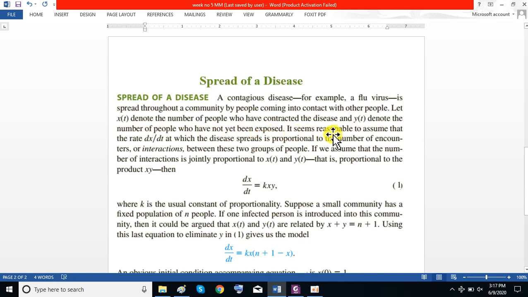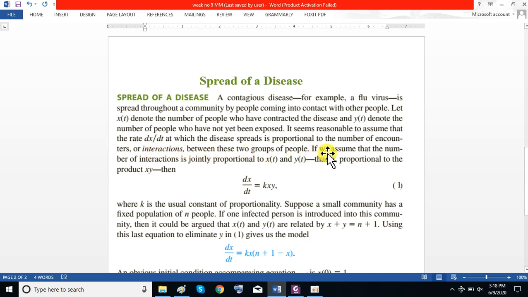It seems reasonable to assume that the rate of change of the number of people who contract the disease, with respect to time, is proportional to the number of encounters or interactions between these two groups of people.